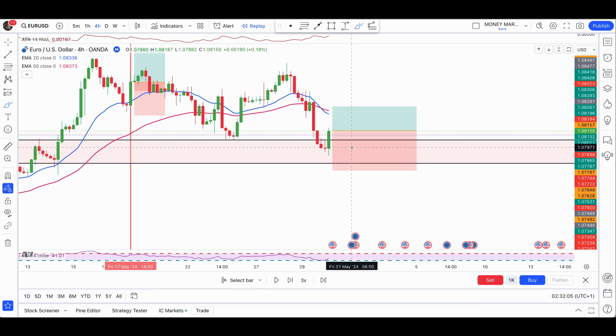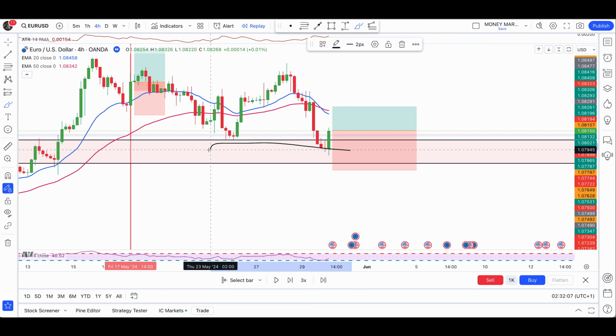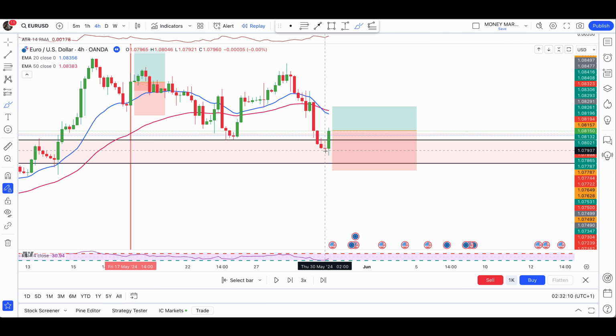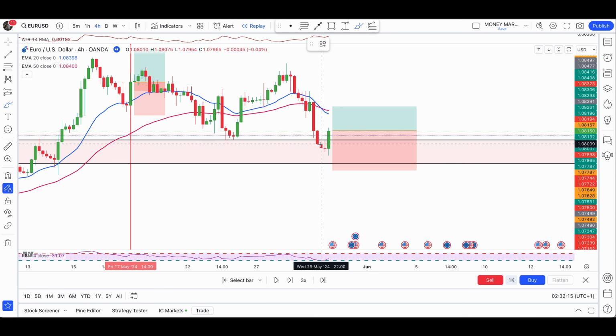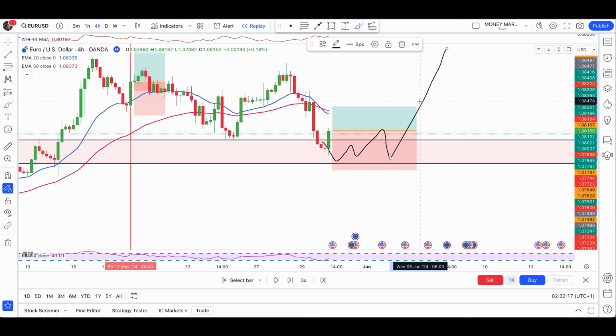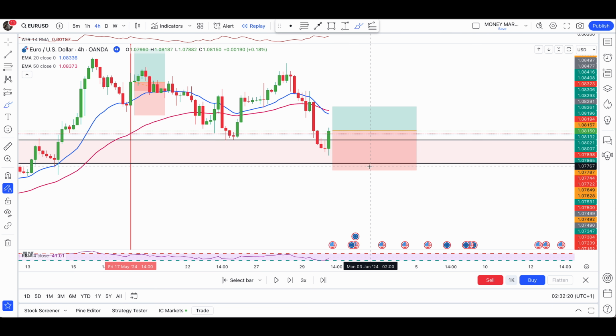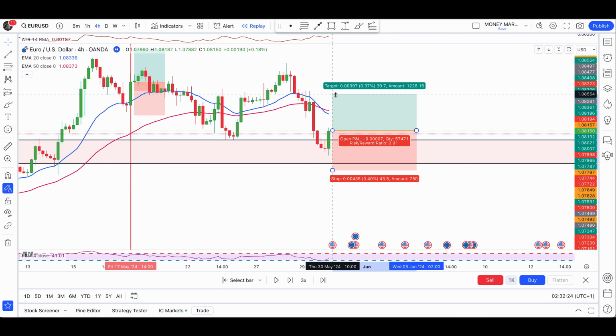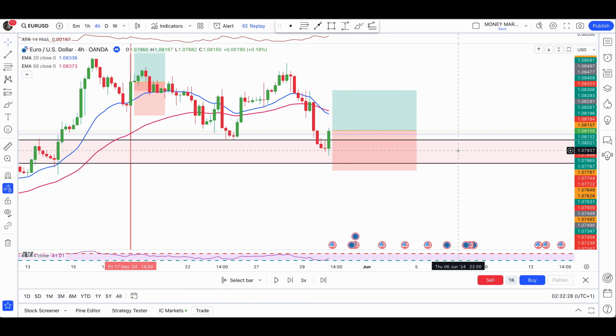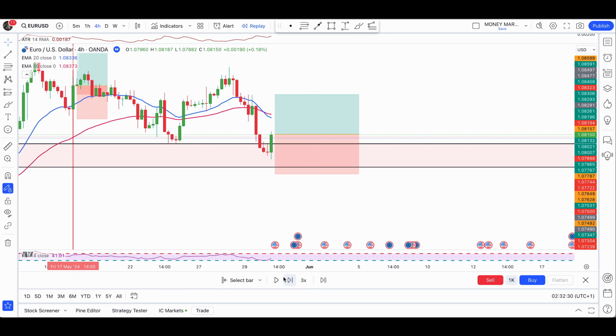That is why I want the protection of the support area, because we have liquidity here. We want to keep the stop lower so that in case of volatility, the price will not hit our stop loss and then push higher. So I'll keep it below the zone, and for take profit I'm going to go exactly 1-to-1 initially, and then it's totally up to you if you want to manage your trade. That is how I would enter with my bullish engulfing pattern.